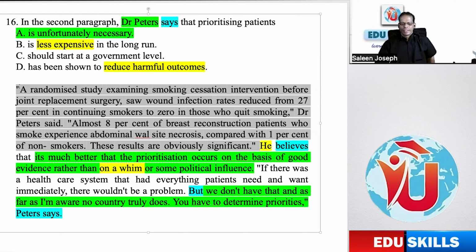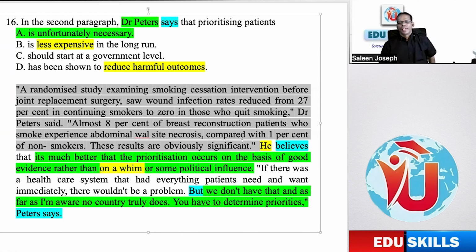That's how you have to understand. This is what I have highlighted with a shade: 2 examples, illustrations or developing sentences given to illustrate the harmful impact of smoking on wound infection rates.